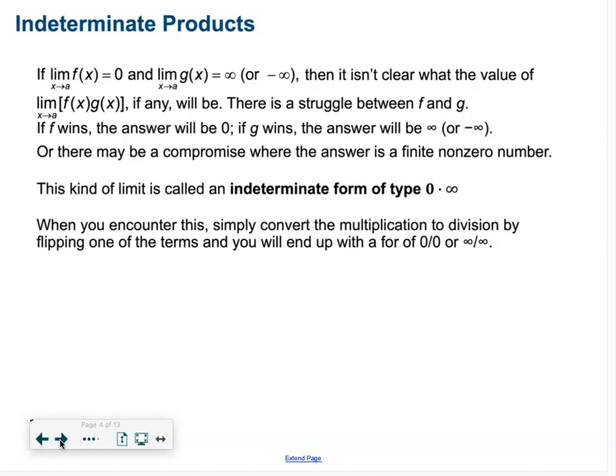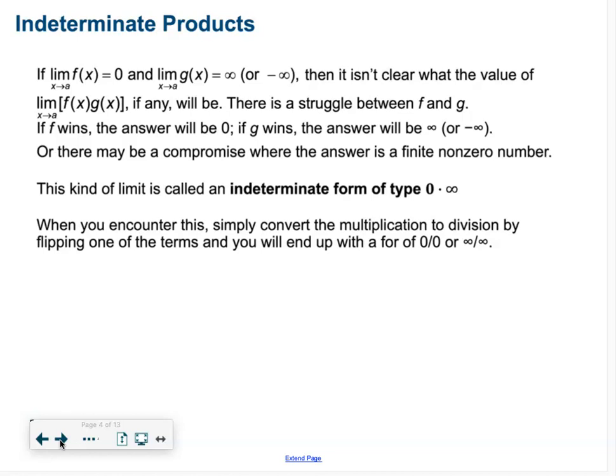Which one wins? Does the super small thing pull this down and make it equal 0? Does the super big thing pull this up and make it equal infinity? Or do they cancel each other out and you end up with some number in between? So every case is different.